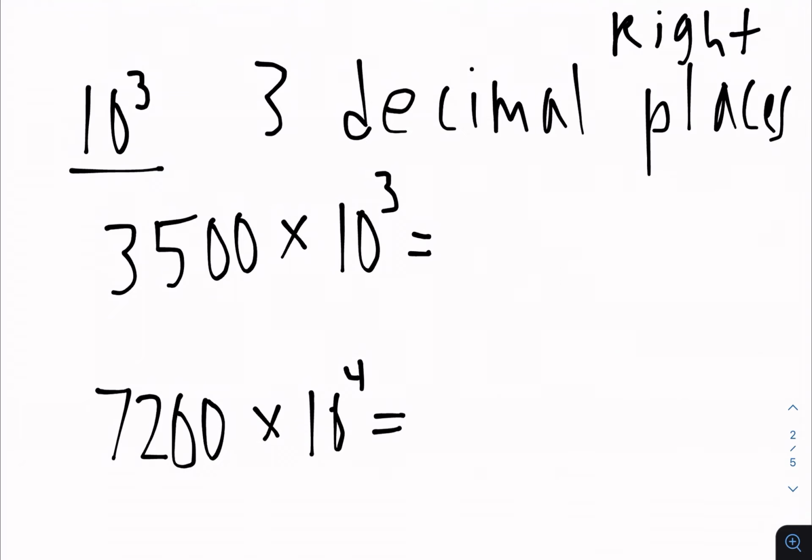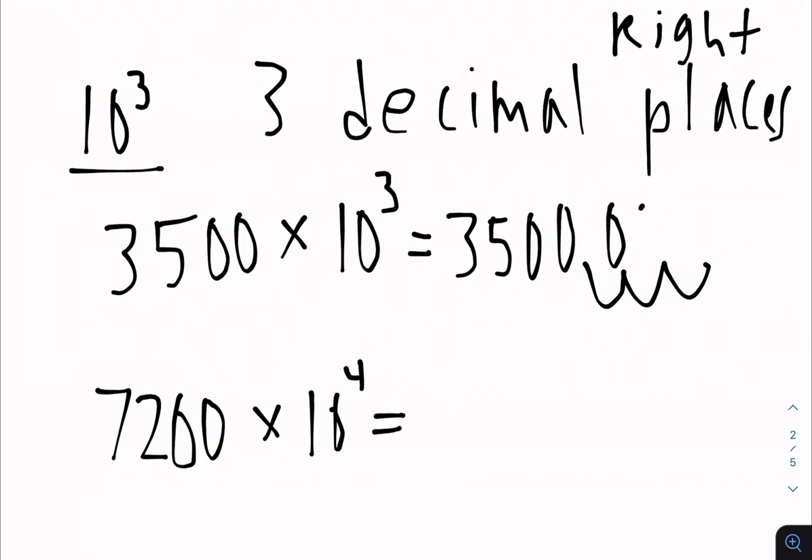So let's take an example. 3,500 times 10 to the 3rd power would be 3,500, and then we move this decimal point 3 places to the right. So that equals 3,500,000.